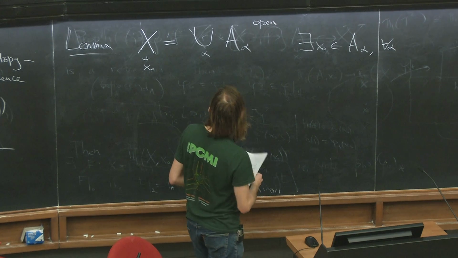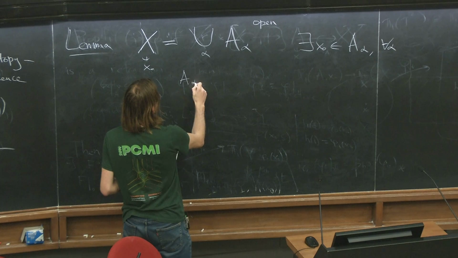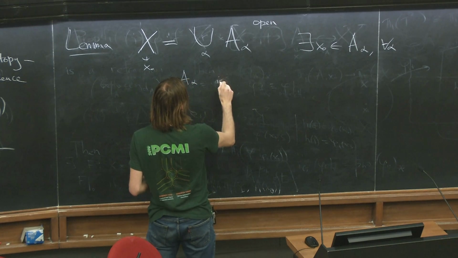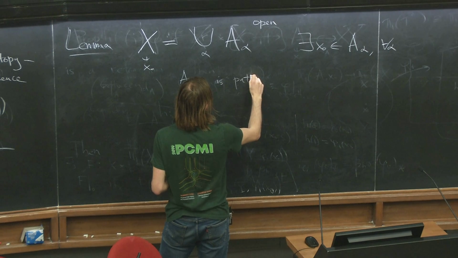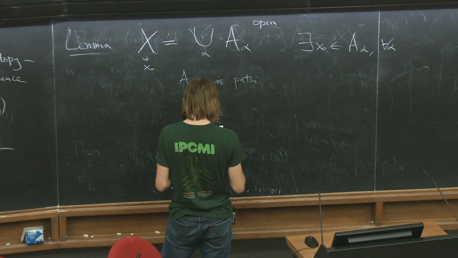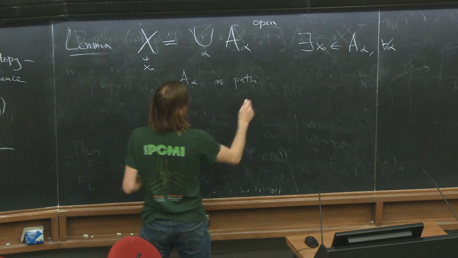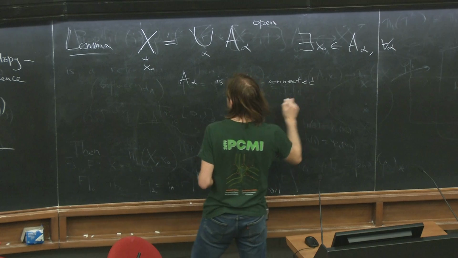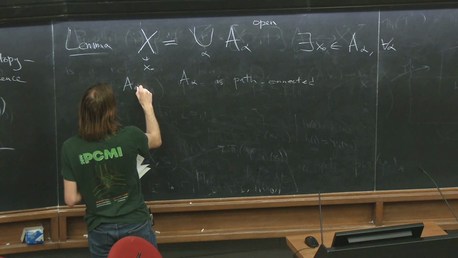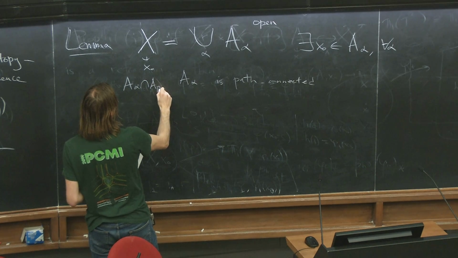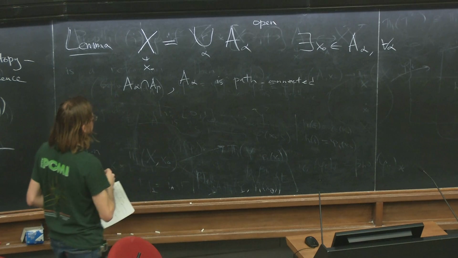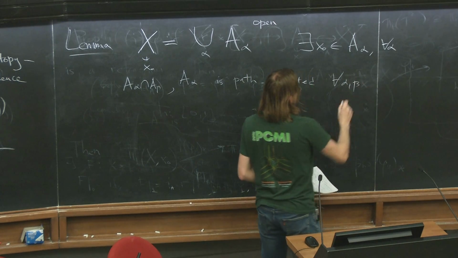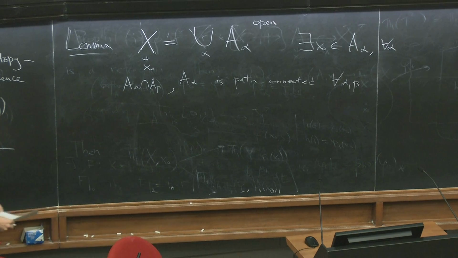We also want the following conditions: that each A alpha is path connected, and also all pairwise intersections, A alpha intersect A beta, are path connected for any alpha and beta.